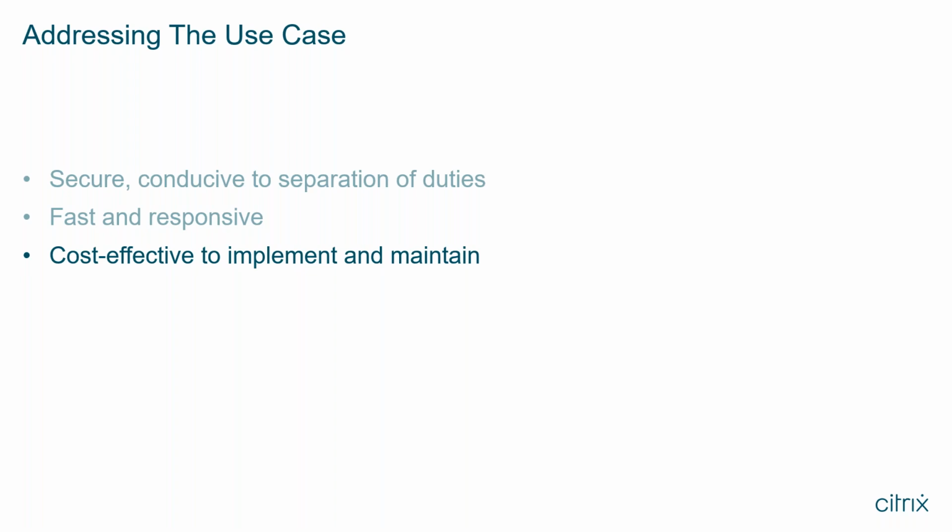So we should have some separation of duties and make the entire exercise secure. At the same time, it has to be fast and responsive, and of course cost effective. Sometimes it is important to spend a lot of money because it's worth it, but if we're saying things are easy and quick, usually we don't equate that to things being expensive. So let's keep that in mind.